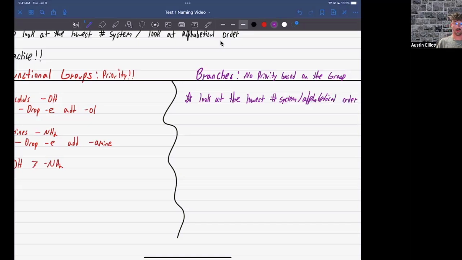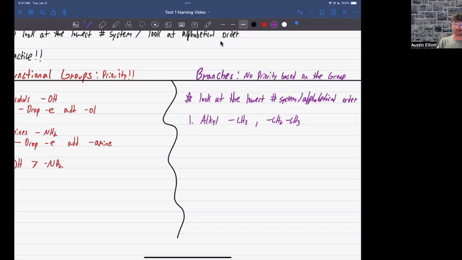Okay, so one of the first branches we'll look at are just our alkyl groups. These are our CH3s, CH2, CH3 kind of groups that are attached to our main chain or our parent chain.